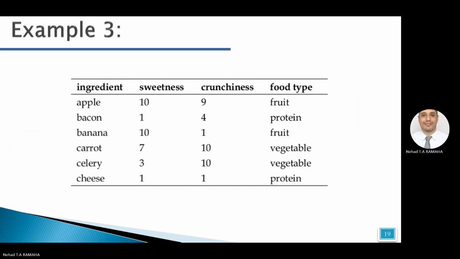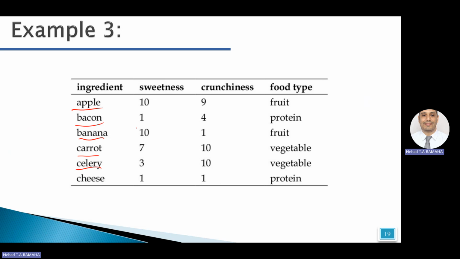Okay. Let's see another example. We have some ingredients here, like apple, bacon, banana, carrot, celery.